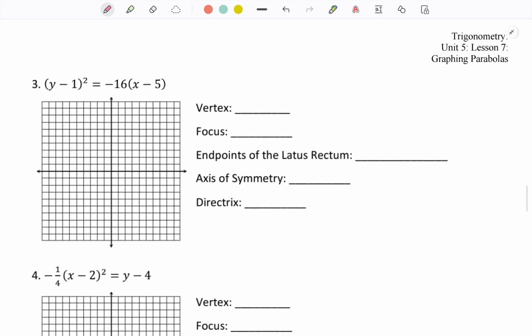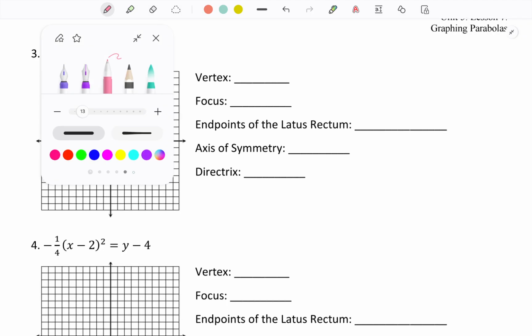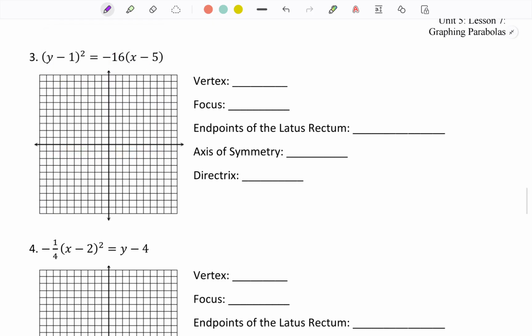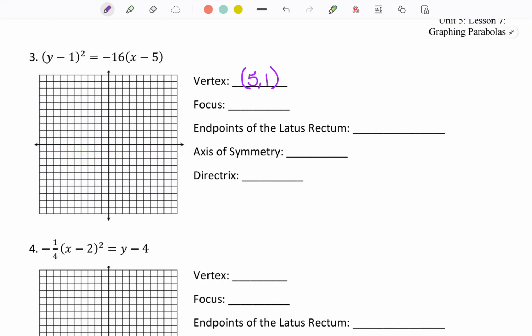All right, so let's look at number 3. So this one looks like it is horizontal because we do have a y squared. And so our vertex is 5, 1. And so that gives us 1, 2, 3, 4, 5, and then 1 right there.